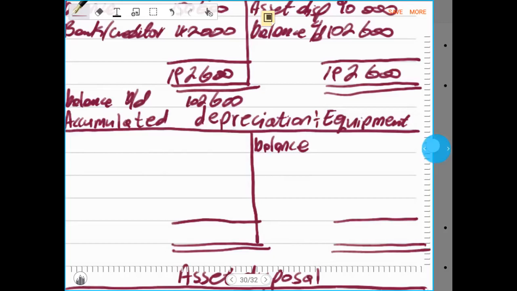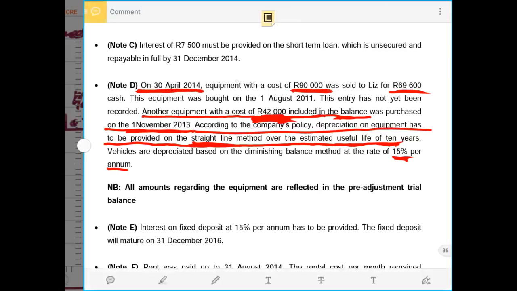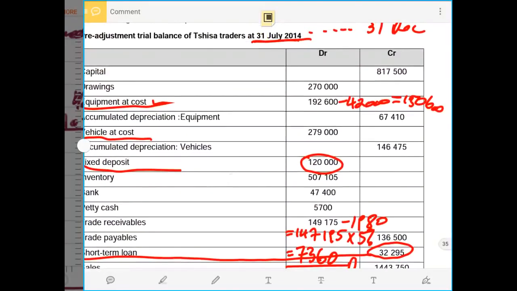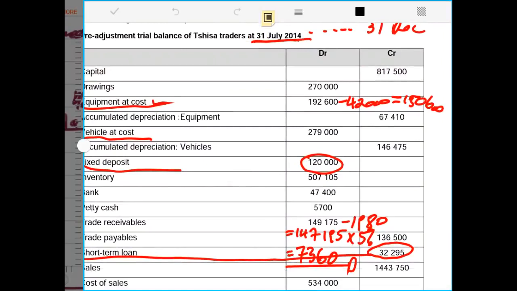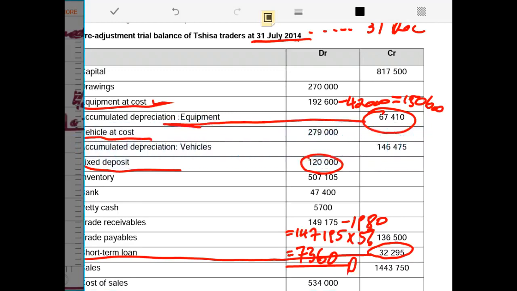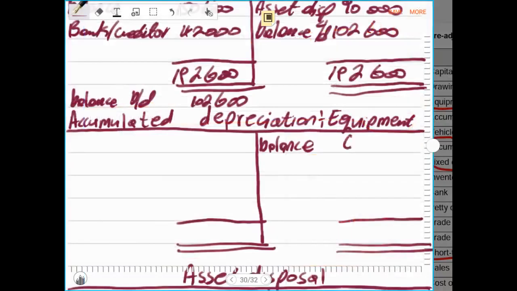And the opening balance is given from the trial balance as 67,410 rands. That is the opening balance for the accumulated depreciation on equipment. So now we have to account for the depreciation for these assets.